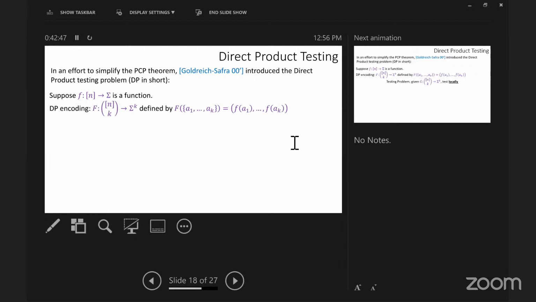So this encoding, for each subset of k elements in n choose k, assigns k symbols from sigma, and it just does so in the most obvious way. Given the set a1 to ak, I just assign to it the vector of what f assigns to a1, through what f assigns to ak. That's the direct product encoding.